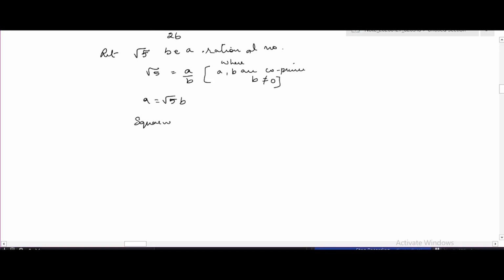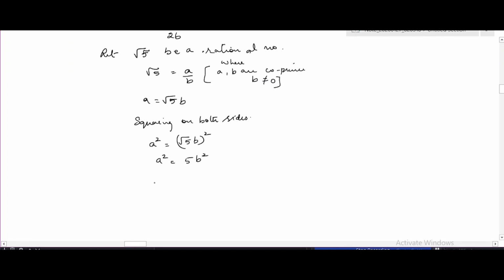Squaring on both sides, I'll get a squared is equal to root 5 b whole squared, that is a squared is equal to 5 b squared.